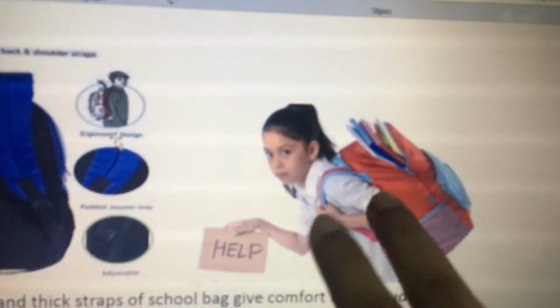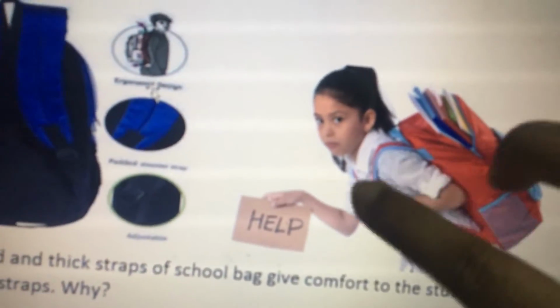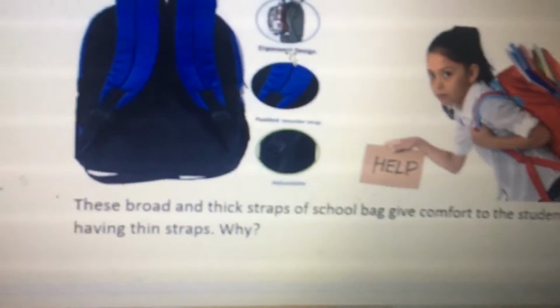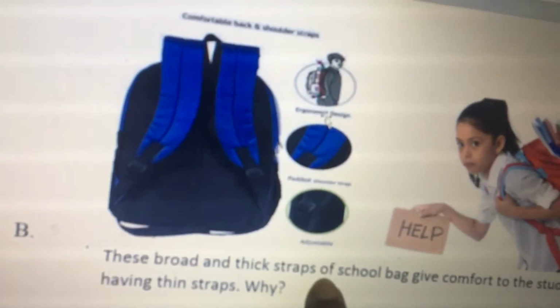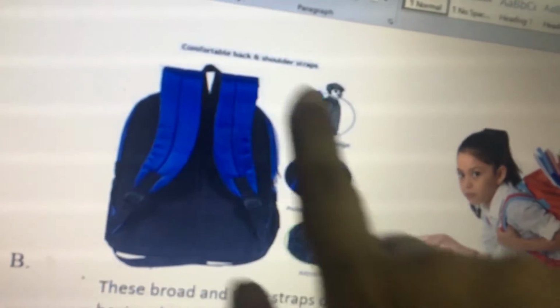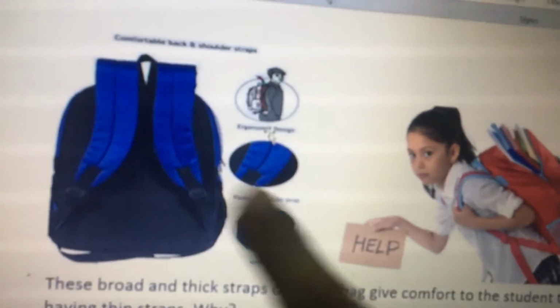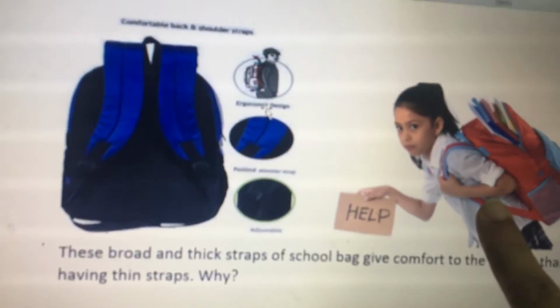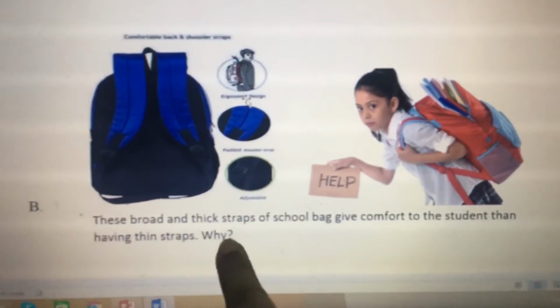What about here? The strap is very thin, so there's a lot of pressure on this girl's shoulder. That is how you have to write the answer. We read the question: these broad and thick straps of a school bag give a lot of comfort to this boy, but this girl is very uncomfortable because of the thin strap. So you have to answer why.